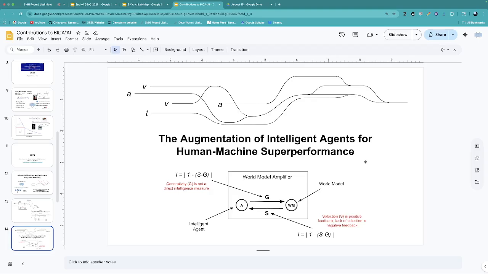And what we argue in this paper is that super performance is achieved through what the cyberneticist W.R. Ashby called an intelligence amplifier. So he proposed that you can amplify intelligence by having a certain baseline intelligence, interacting with the environment, and getting positive feedback from the environment that would improve the level of intelligence, bootstrapping intelligence in an agent.